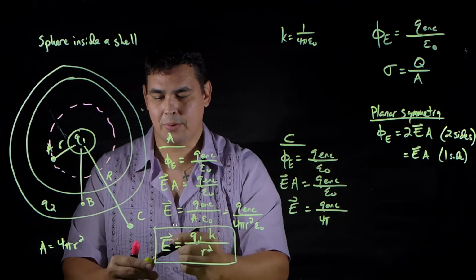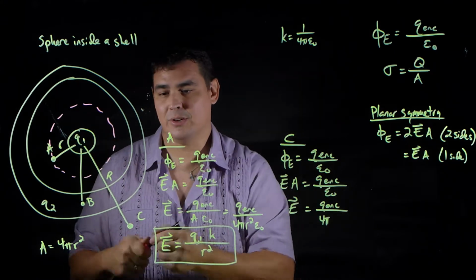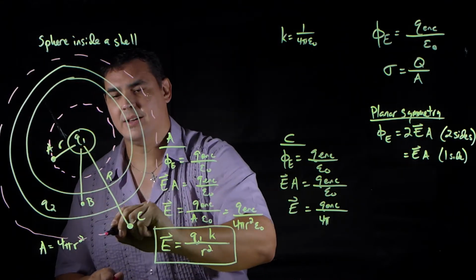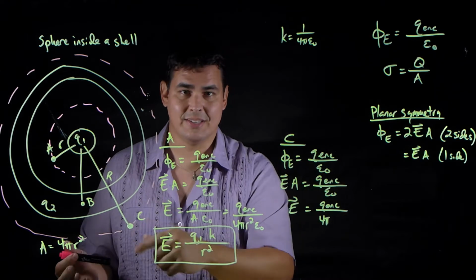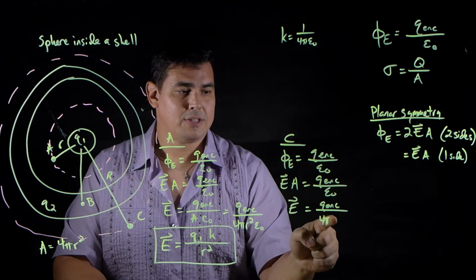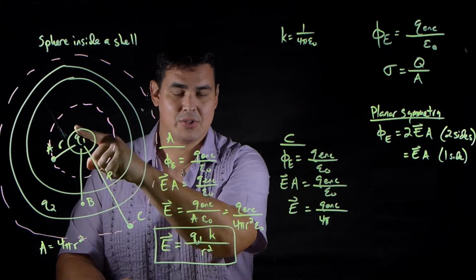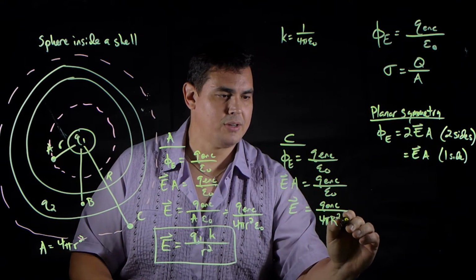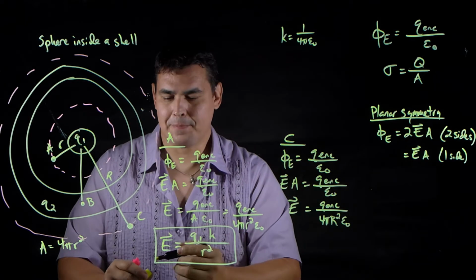Because now I'm doing point C, so I forgot to draw my Gaussian surface. I just skipped ahead. There's my Gaussian surface. I just draw it at C. Times big R is the radius of that circle.